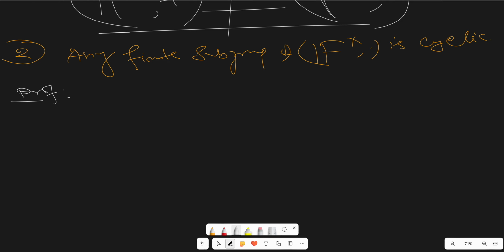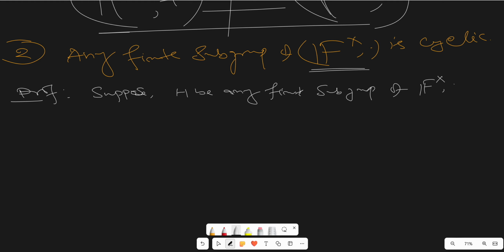So there are two cases I will assume here. Suppose F is a field and F star is the collection of all units of F. Suppose H is any finite subgroup of F star, the units. Suppose the order of H is n, which is finite.